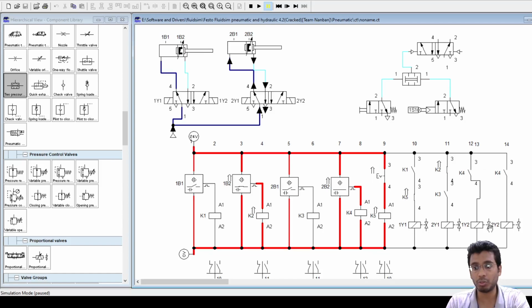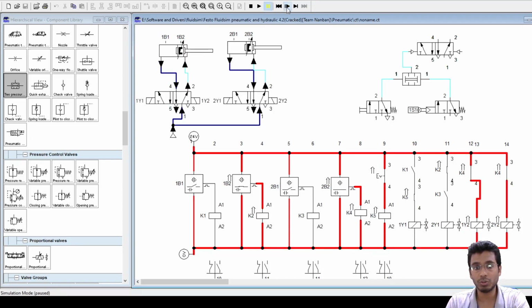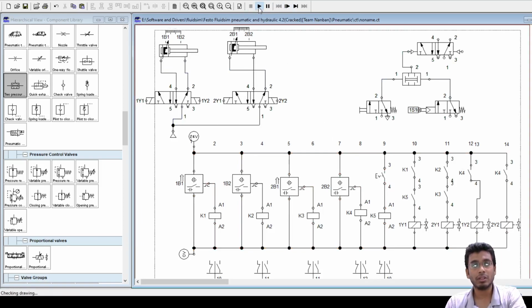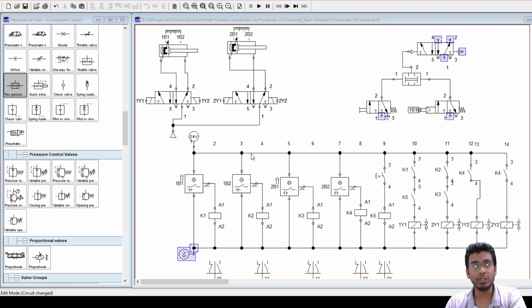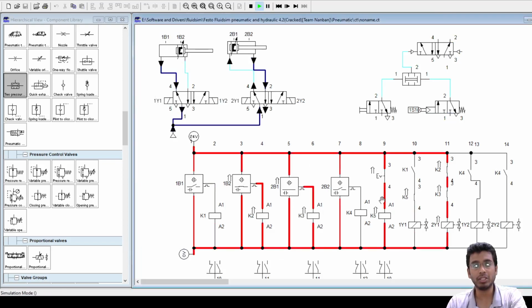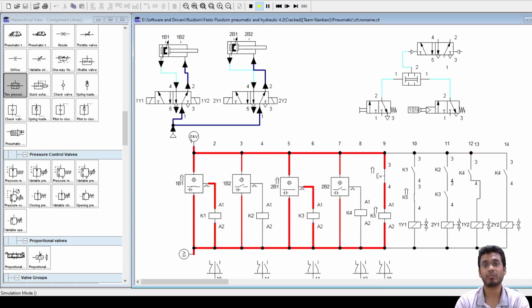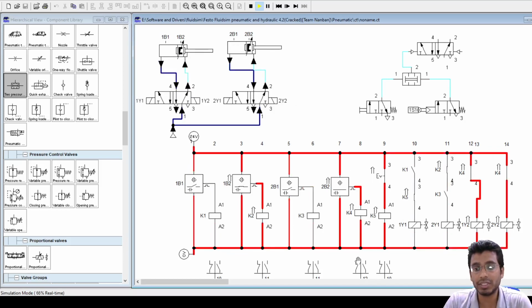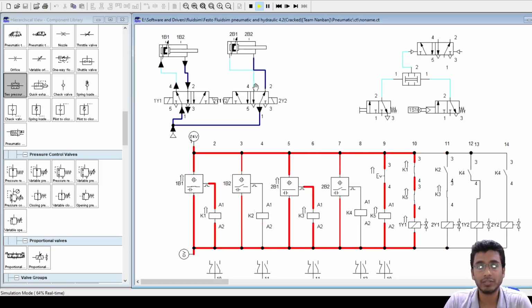From this K4, both my 1Y2 and 2Y2 are connected. So it would shift the spool of both to the right, and hence both cylinders will retract back. This will continue since I am using a switch here. The signal flow you can see here with the red lines.